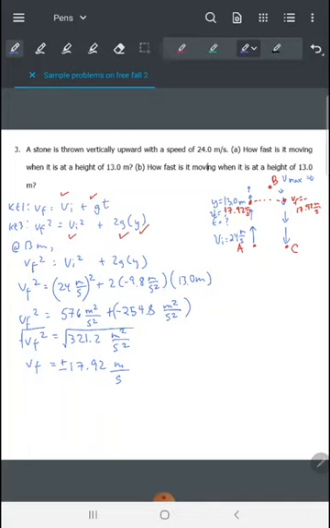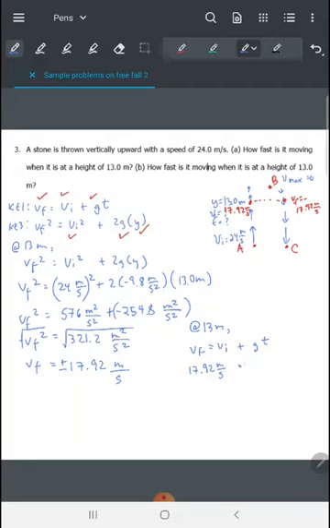Anong oras nung narating niya yung 13 meters? So, nakuha natin yung VF. Pwede natin gamitin itong KE number 1. So, again, at 13 meters, VF equals VI plus GT. So, VF is 17.92 meters per second.